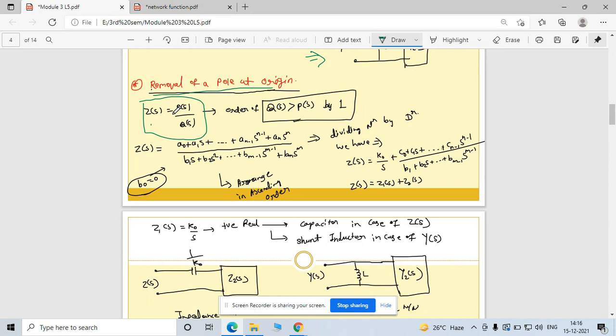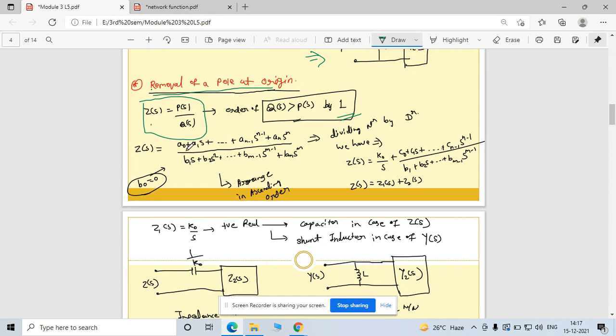It may be admittance, so depending on that particular function, you have to proceed. Now here I consider impedance, so this is your P of s by Q of s format. In this, generally we observe that your denominator degree is greater than your numerator degree by 1.